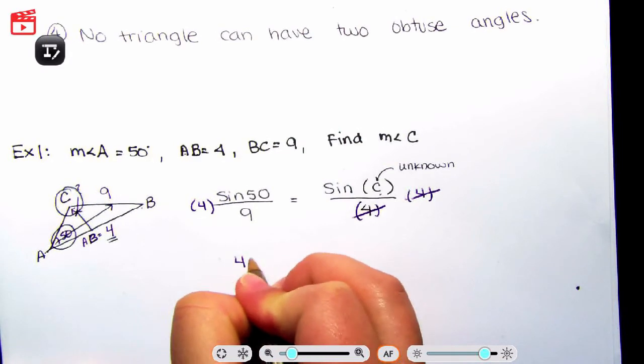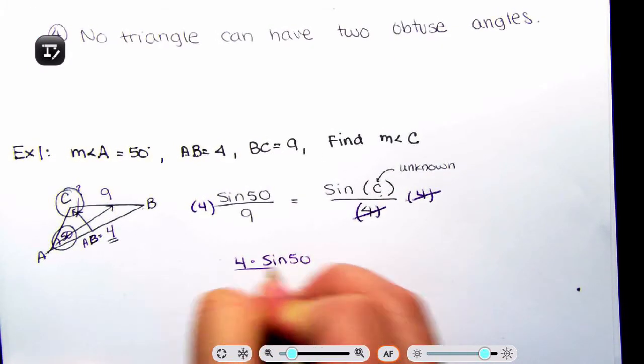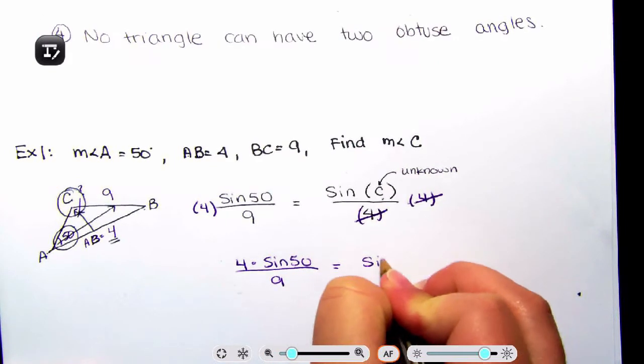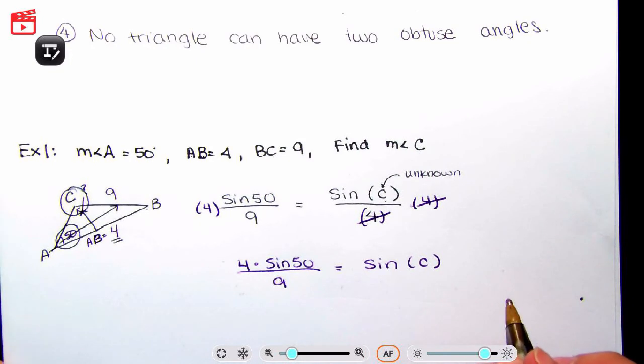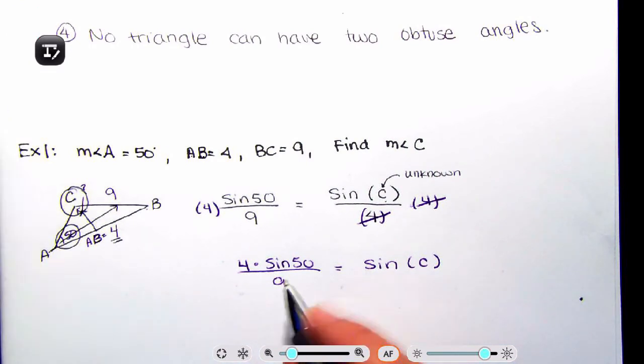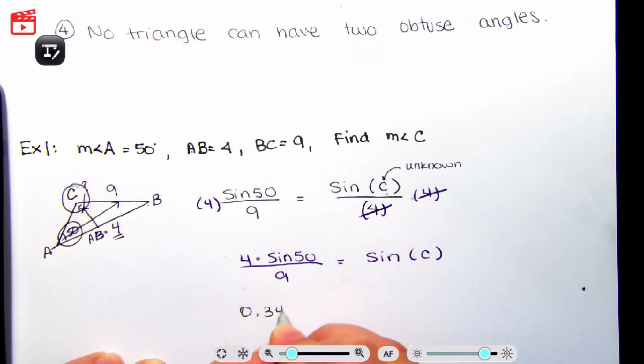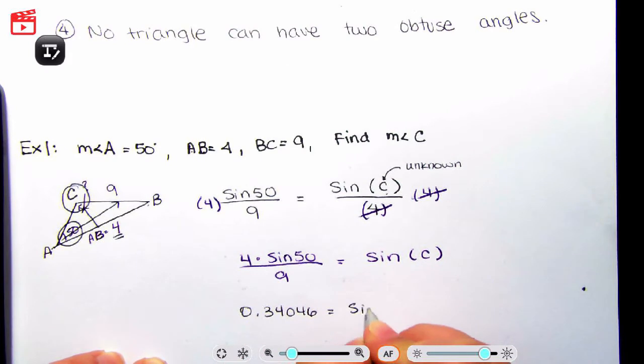I have 4 times sine of 50 degrees over 9, and that is equal to sine of C. Again, this gets a little fun. Make sure you have a calculator. So I have 4 times sine of 50 degrees divided by 9, and that gives me a decimal. That gives me 0.34046-ish. Here's sine of C.